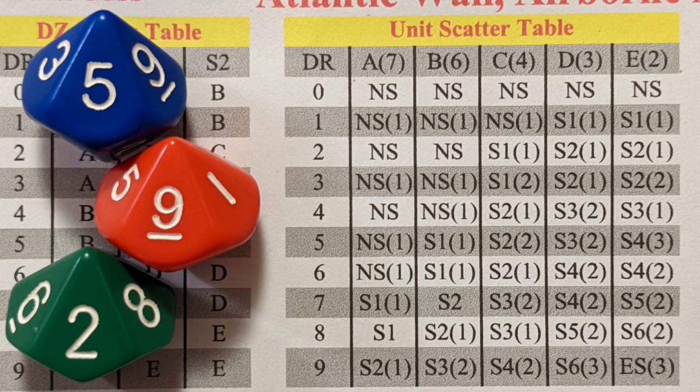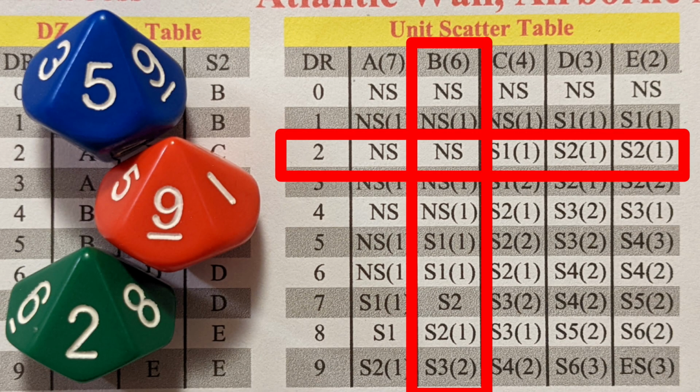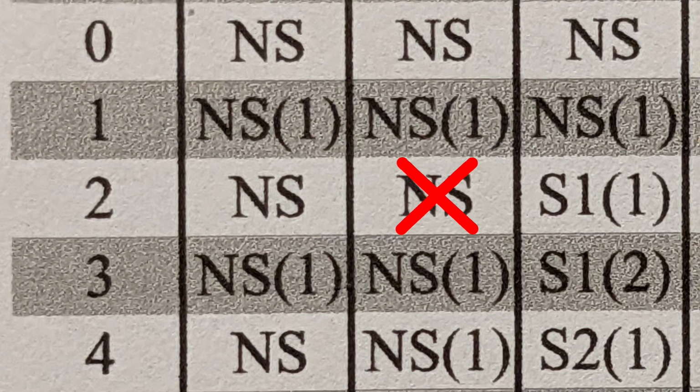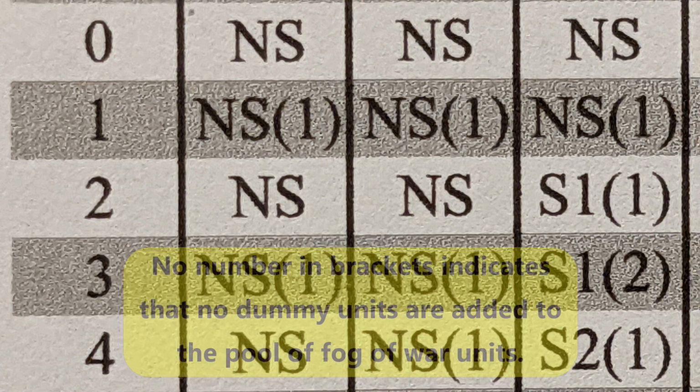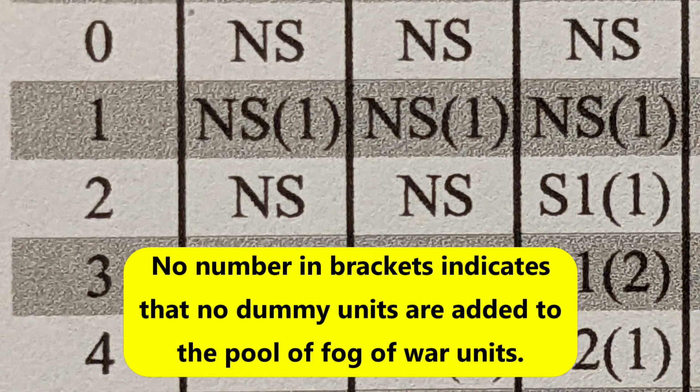Alright, your third and final roll is a 2. Like the first and second rolls, you can ignore the NS result. However, unlike the other 2 rolls, there is no number in brackets. This indicates that no additional dummy units will be added to the pool.